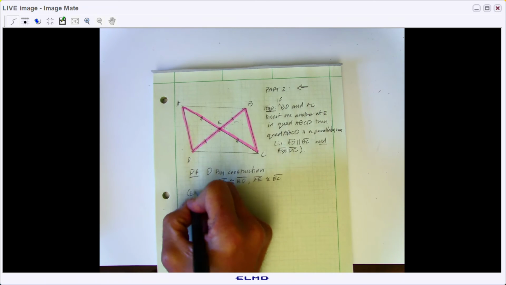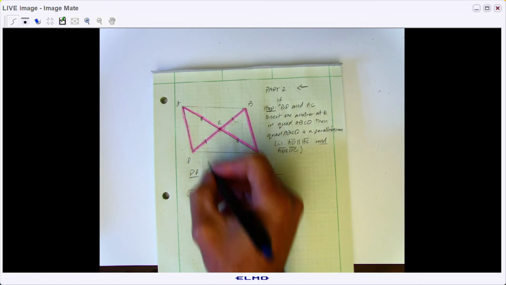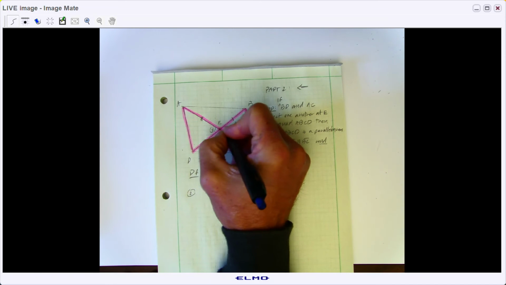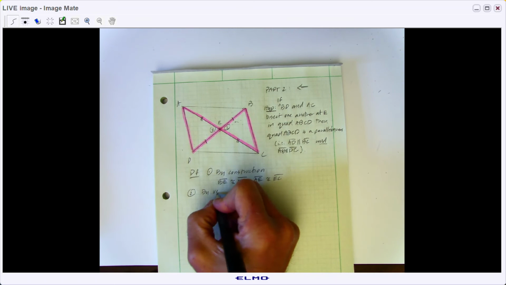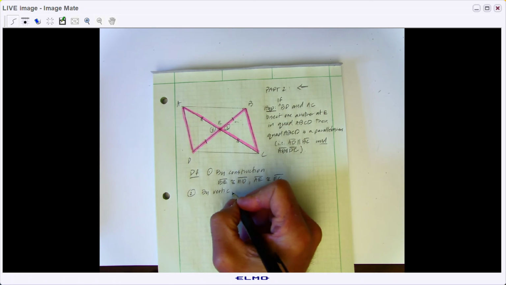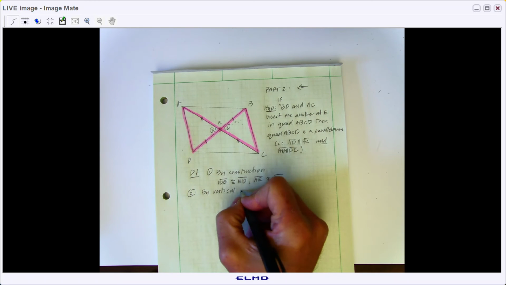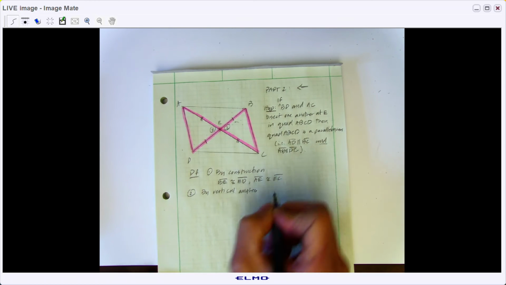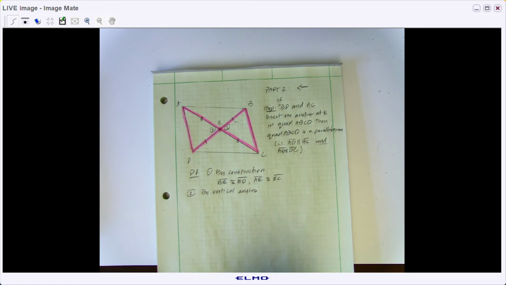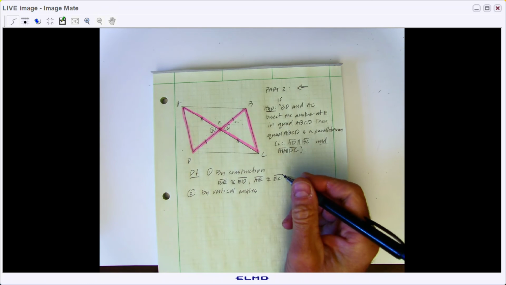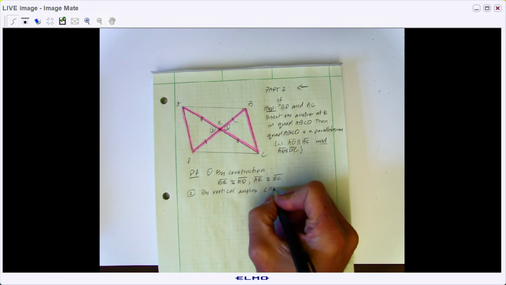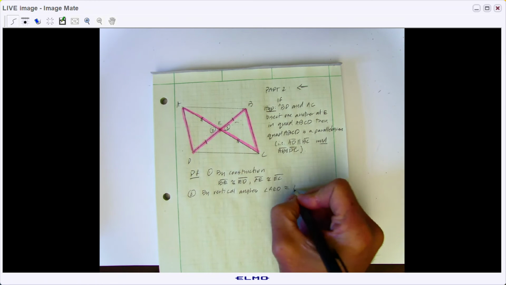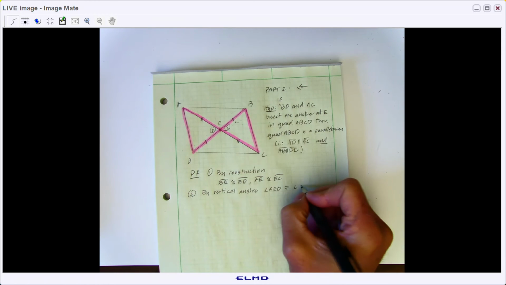Let's see. So number two, I'm going to get after this pair of angles right here. By vertical angles, AED is congruent to CEB.